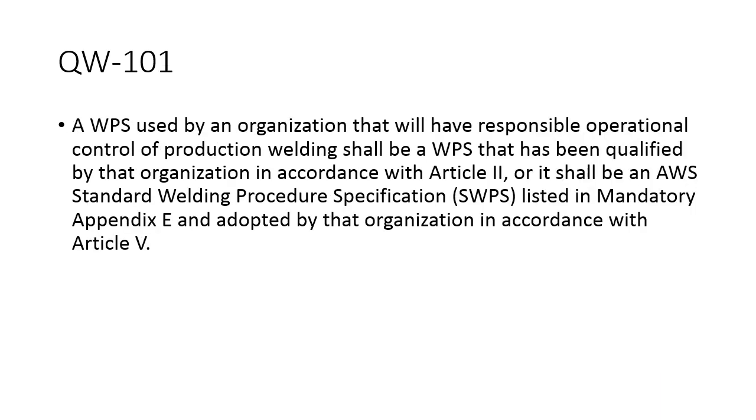QW-101. This tells us a WPS used by an organization that will have responsible operational control of production welding shall be a WPS that has been qualified by that organization in accordance with Article 2, or it shall be an AWS Standard Welding Procedure Specification, SWPS, listed in Mandatory Appendix E and adopted by that organization in accordance with Article 5.